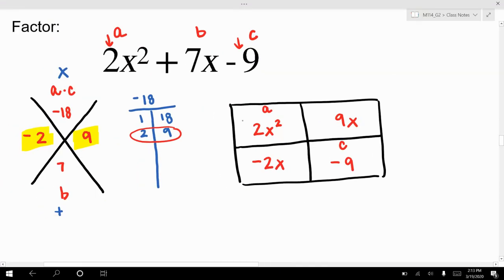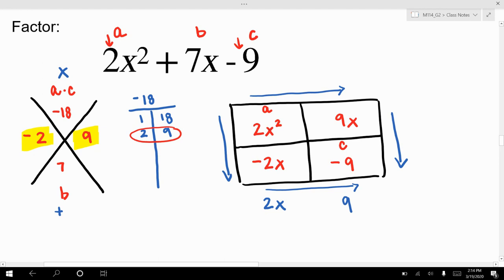We're going to factor going down each column, first of all. So what is the greatest common factor of 2x squared and negative 2x? Well, that's going to be 2x. Now let's factor down the second column. 9x and 9, the greatest common factor is 9. All right, we've factored our two columns. Now we need to factor our two rows.